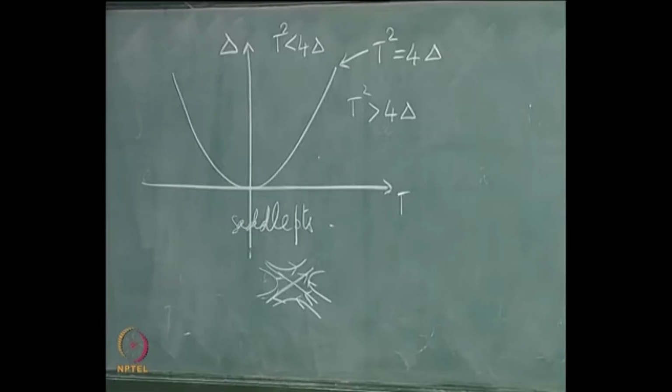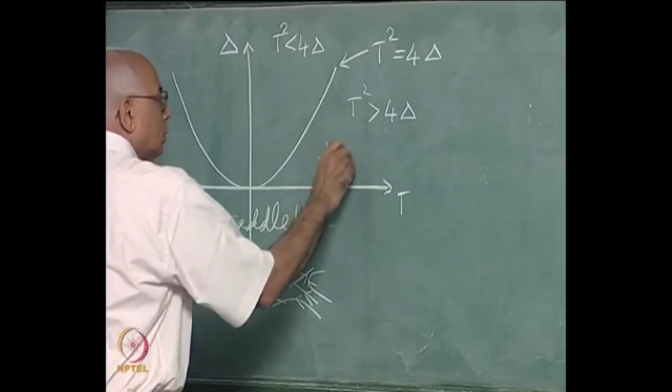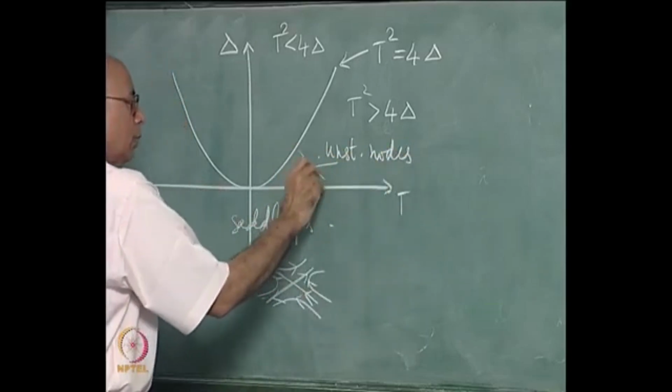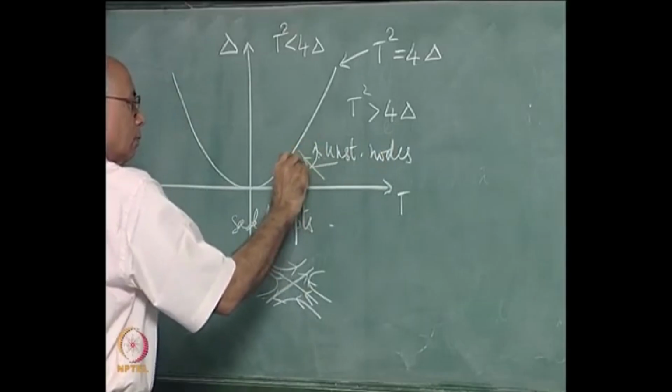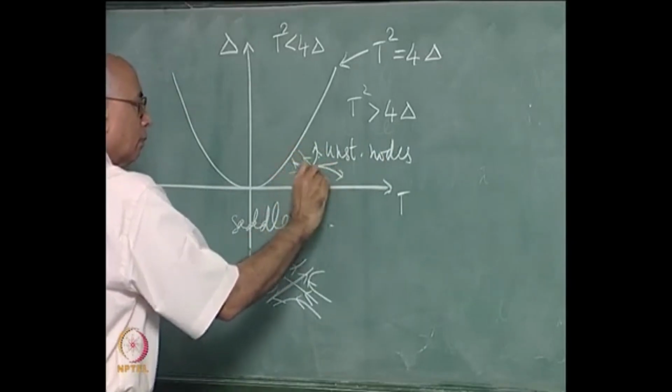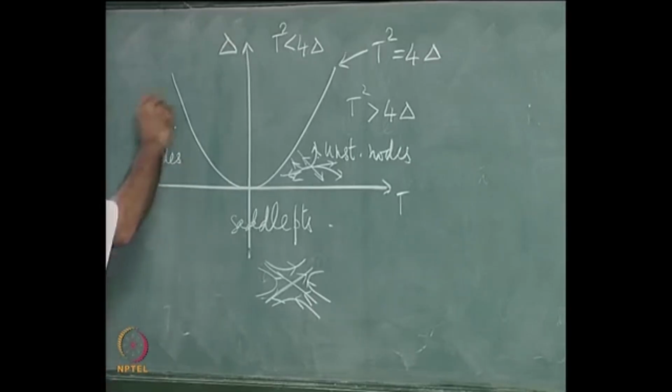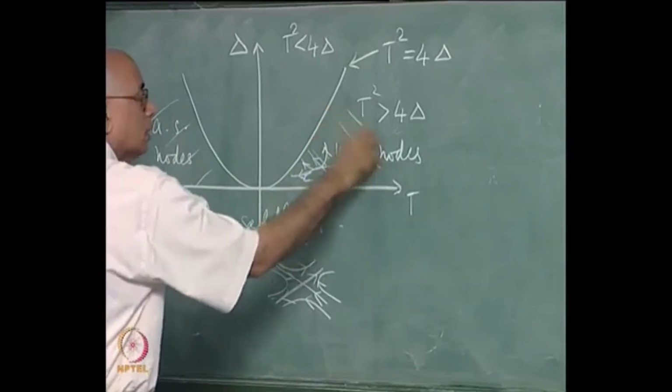Two positive eigenvalues, unstable nodes, so you have unstable nodes, and therefore the picture would be perhaps something like this. What would you have here? You would have stable nodes, asymptotically stable nodes. So asymptotically stable nodes in this region, and these are unstable nodes in that region.